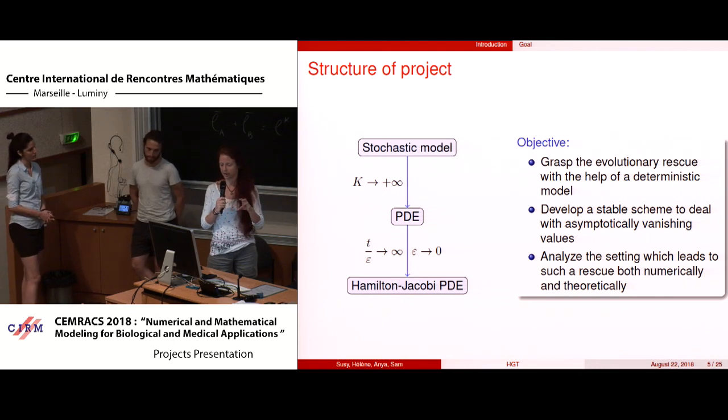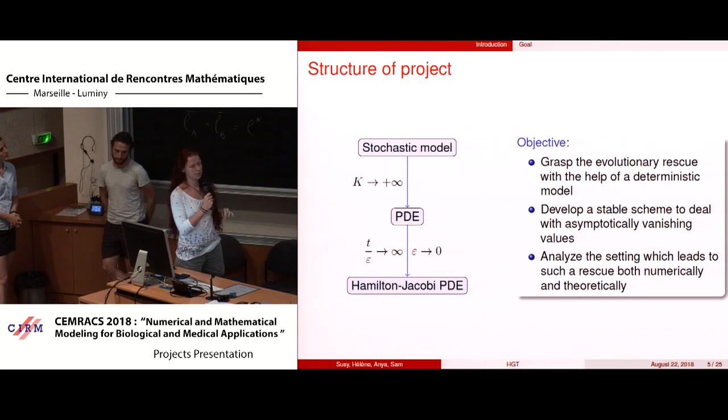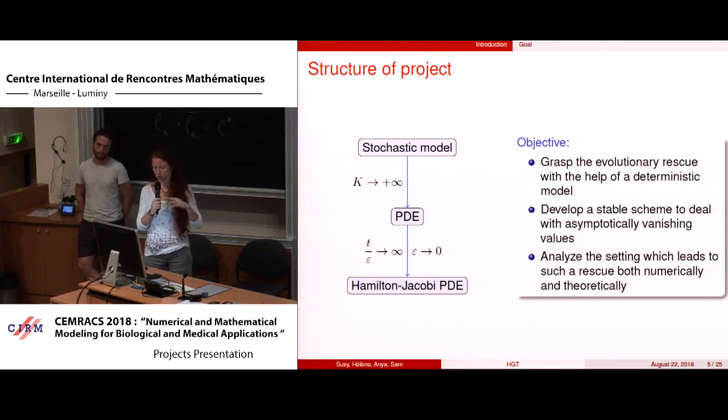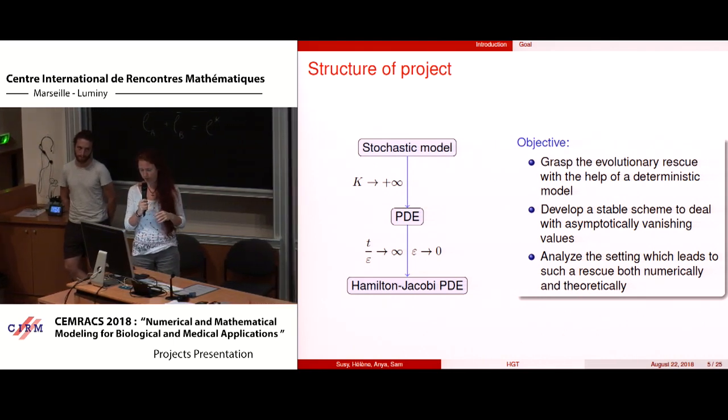And in that case, this whole population is described by a deterministic model, so we just speak about densities. And if we want to move even further, like when we want to consider a very big time scale and very small mutation size, then we move to the Hamilton-Jacobi PDE, which will also be explained a bit further.